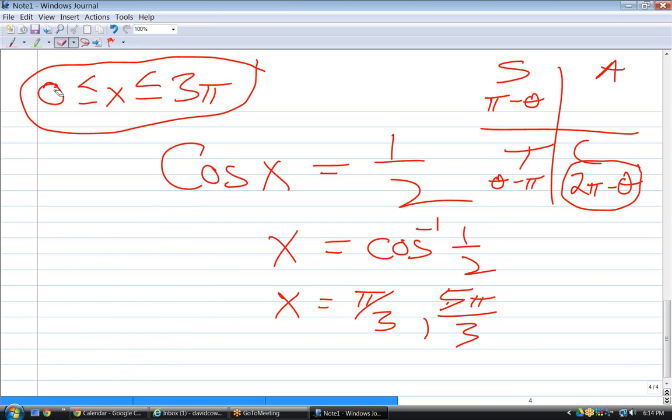Now, that covers from 0 to 2 pi, once around the unit circle. Well, their domain said go from 0 to 3 pi. Well, that's 1.5 times around the unit circle. So what is the coterminal angle for pi over 3?